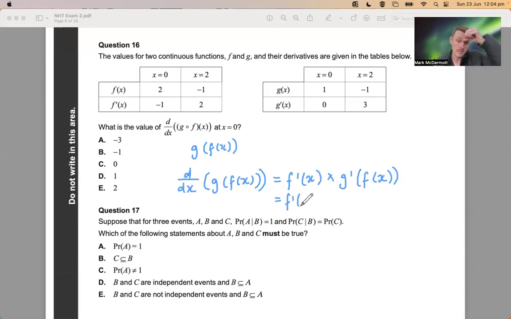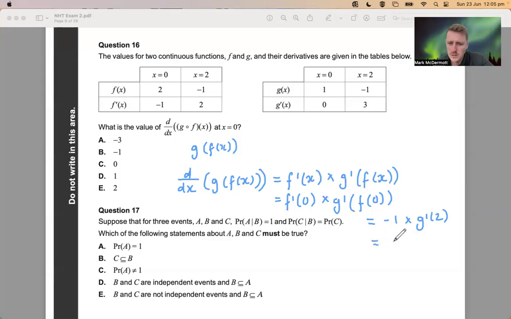So f dash of 0 multiplied by g dash of f of 0. So f dash of 0 is -1 multiplied by g dash of f of 0, which is 2. So g dash of 2. So -1 times g dash of 2 is 3. So -1 times 3, which is -3. So I reckon the answer is A.